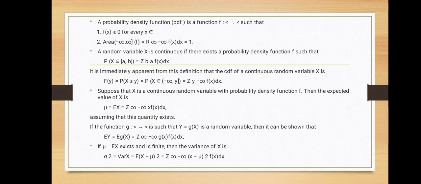And the second definition: a random variable X is continuous if there exists a probability density function f such that P(X ∈ [a,b]) = ∫ from a to b of f(x) dx.